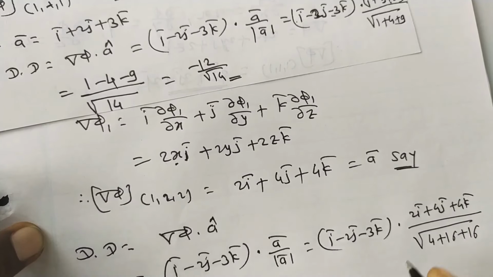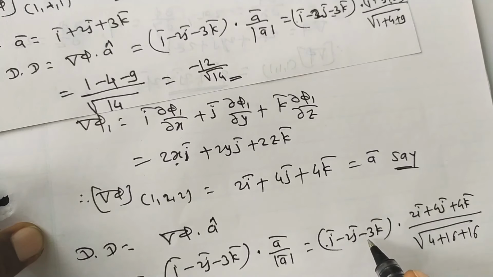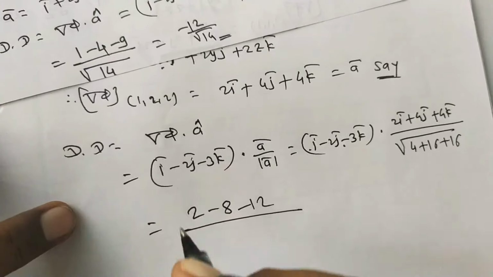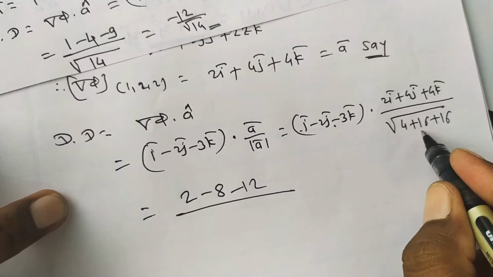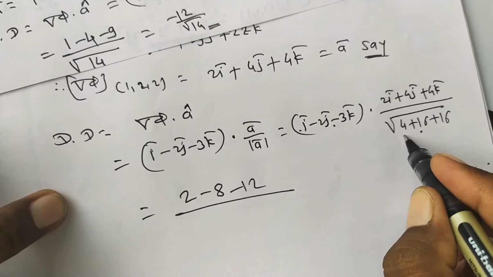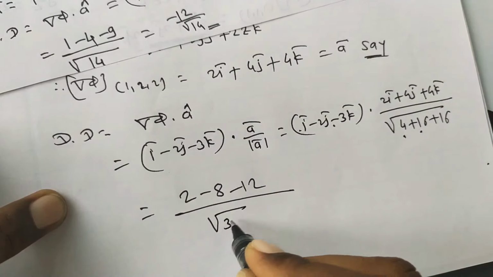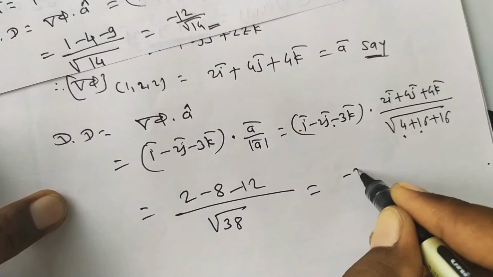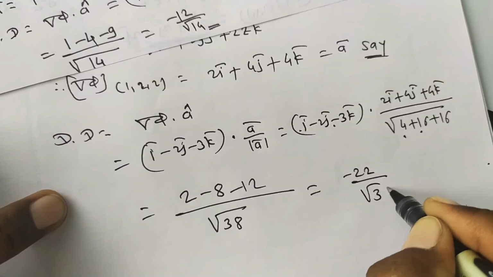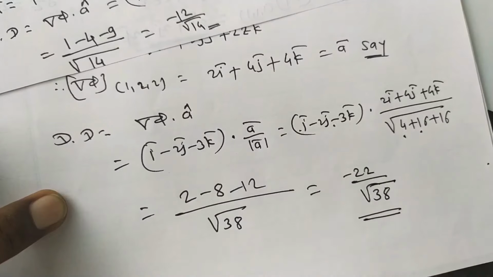So what is this dot product? 1 into 2 is 2, minus 2 into 4 is minus 8, and then minus 3 into 4 is minus 12, divided by 16 plus 16 is 32, 32 plus 4 is 36, under root of 36. So this is minus 18 upon 6. This is the directional derivative.